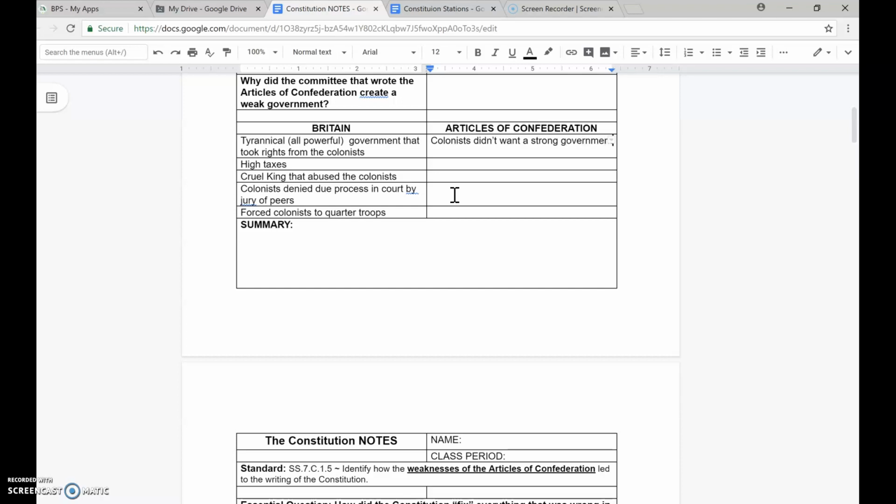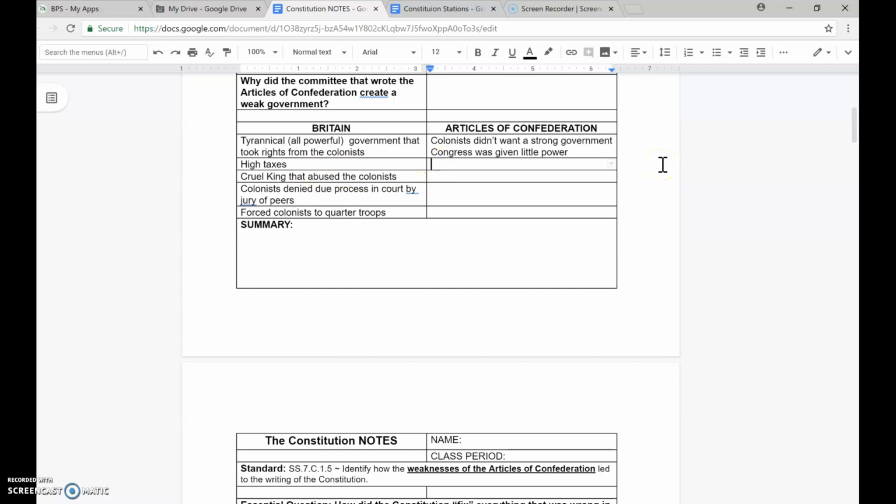Here you could say, Congress was given little power as a result.